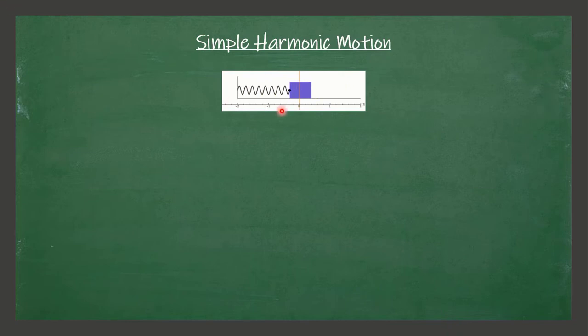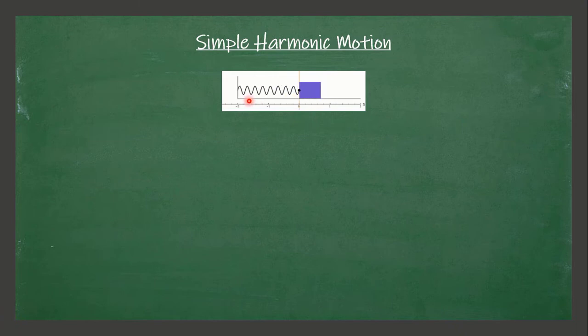You can see in the picture that a spring is attached to some support here, and the other end of the spring is attached to a mass. Now, if we pull or push this mass along this line, it will start to oscillate.